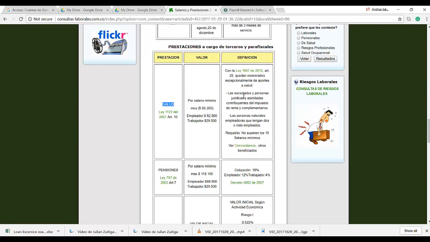If those employees earn less than 10 minimum wages. Okay? So that is very important. So we're going to have to create conditional statements depending on the people's salary, whether or not you will have to make a contribution to their health. Okay?